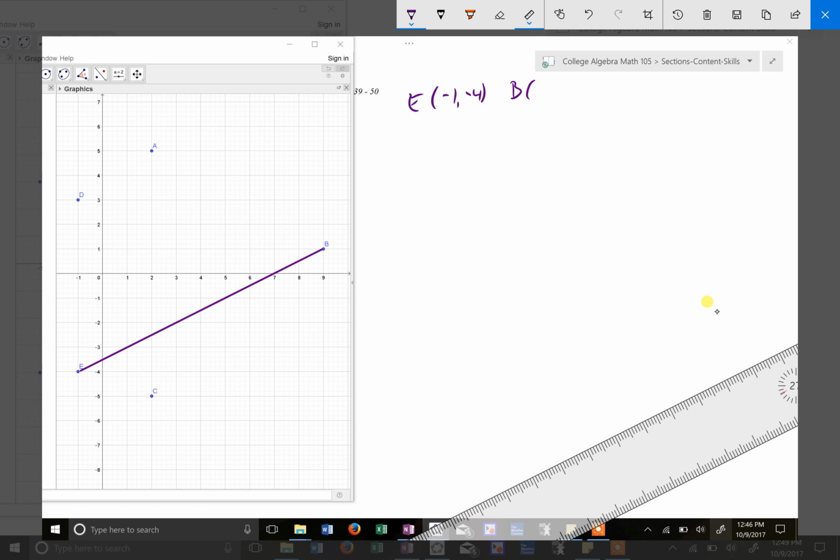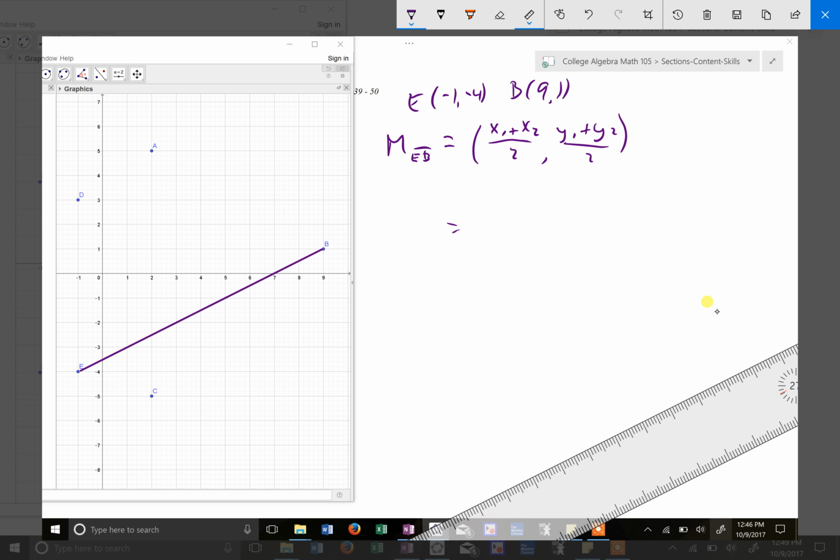B is at the point 9, 1. And so my midpoint formula for EB would be, I'll write this out, x1 plus x2 divided by 2, comma, y1 plus y2 divided by 2.